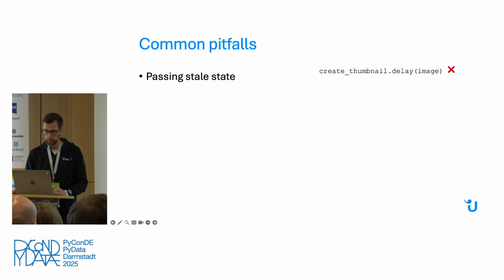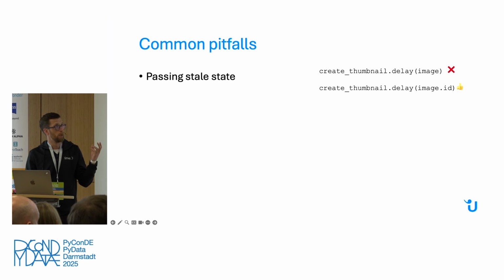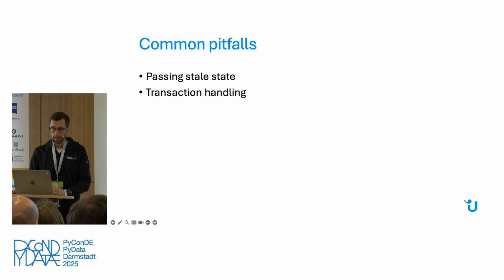So what you actually want to do is pass things by reference. In this case, you pass a database ID, and then your task would refetch the object from the database. Refetching the object is also not without pitfalls.